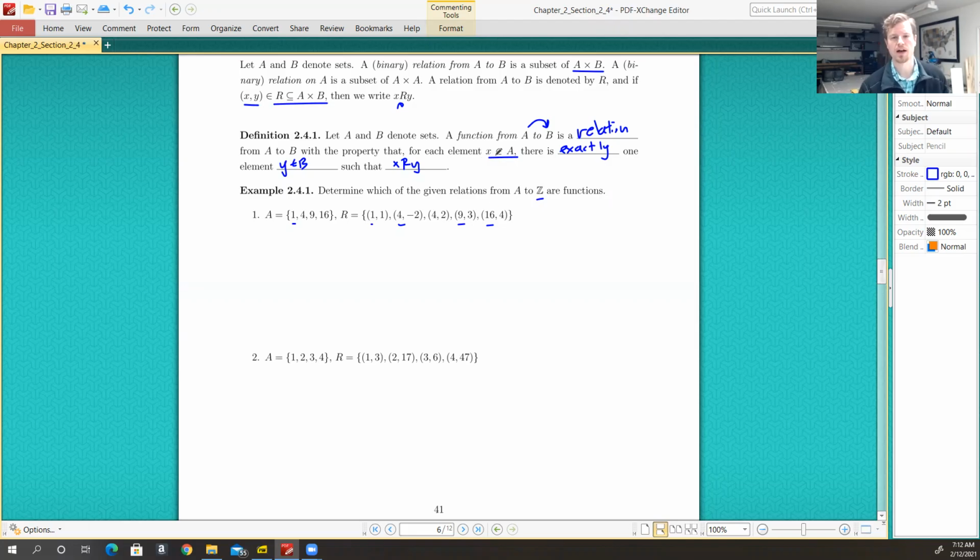The other part that has to be satisfied is that there is exactly one element in B such that x is related to that element. In this case, 1 is related to 1. That's fine. 4 is related to -2. That's fine until we get to 4 also being related to +2. That's no good. 4 is not related to exactly one element from the integers. So this is not a function.